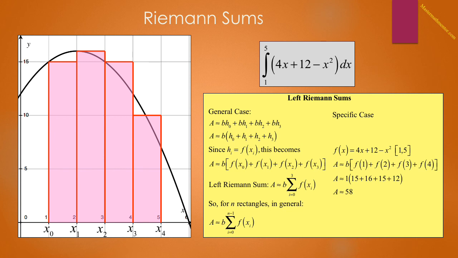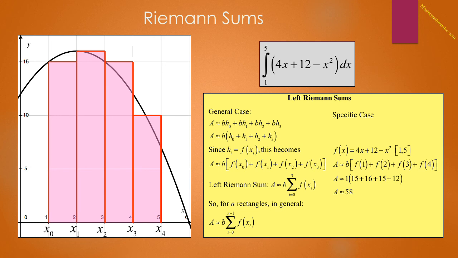Since the height at any location i is equal to f of x sub i, the area is approximately equal to b times the quantity f of x0 plus f of x1 plus f of x2 plus f of x3. So in our specific case, where f of x equals 4x plus 12 minus x squared on the interval 1 through 5, A is equal to b times f of 1 plus f of 2 plus f of 3 plus f of 4. So our left Riemann sum will simply be the base times the summation where i runs from 0 to 3 of f of x sub i.